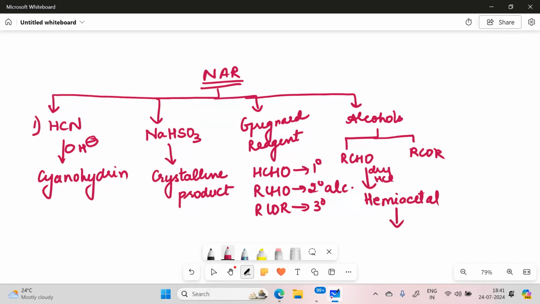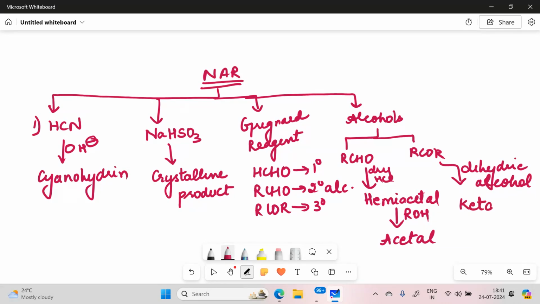Then with the addition of excess alcohol, acetal is formed with OR dash. And with ketones, a dihydric alcohol is used, ethylene glycol, and then water is removed.